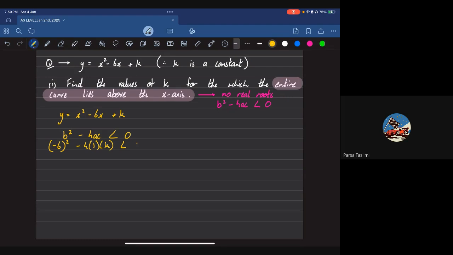And so we move minus 4k to the other side. So 4k is greater than 36. So k has to be greater than 9. Yes, you're right. So for example, it's going to be 36 less than 4k.